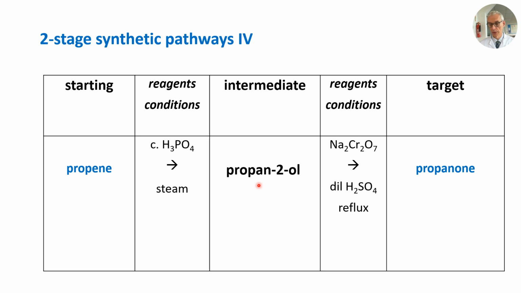So if we then know we've got to make propan 2-ol, we know that we convert propene into propan-2-ol. So a common technique in solving the problems of synthetic pathways is to start with the target molecule and work backwards. Let's move on to problem number 5.